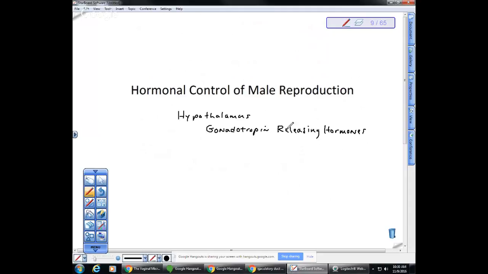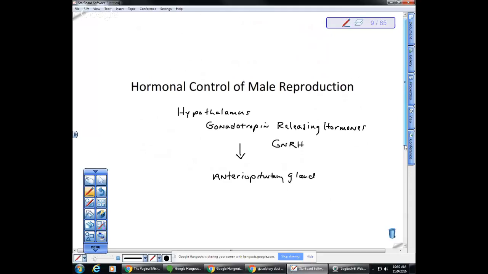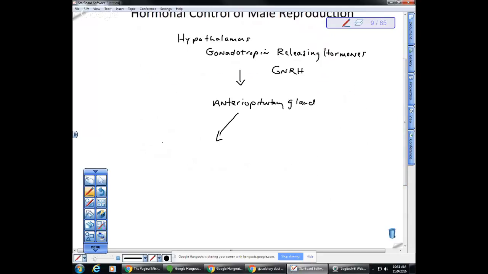An easy way to abbreviate it is GnRH, right? Gonadotropin releasing hormone. Remember that the testes and the ovaries are also called gonads, okay? So via the circulatory system, it goes to the anterior pituitary gland, and then it causes the release of two other hormones. And these hormones are called follicle stimulating hormone.